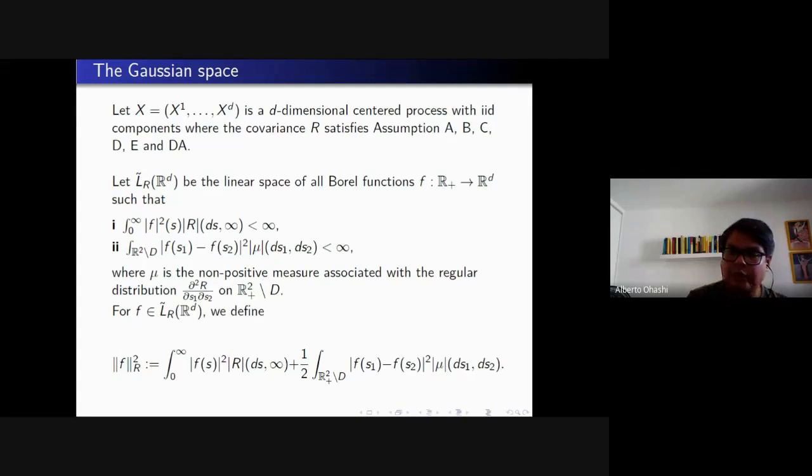But we need to reformulate quite a bit, let's say, the formulas of Malliavin calculus, because our analysis is based on the second order derivative of R rather than R itself. People who are familiar with Malliavin calculus know that if R has a reasonably good covariance structure, then you can develop Malliavin calculus and so on. But here, we need to take advantage of the second order derivative.